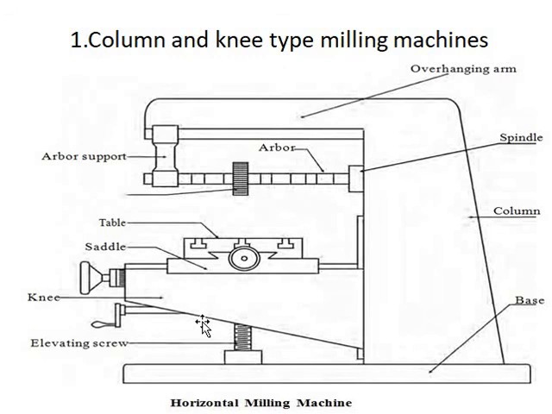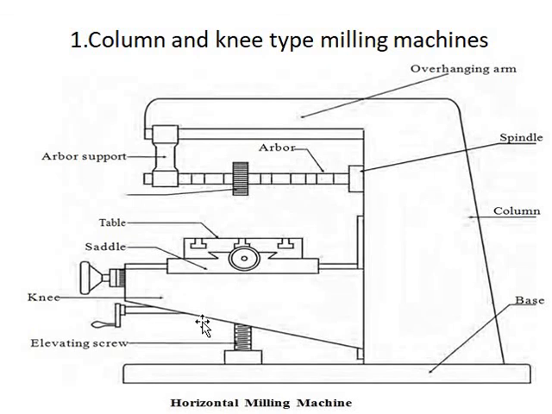Second comes the column, the main part or heart of the machine. Column is the main casting of the milling machine. It encloses and supports all the parts of a milling machine.